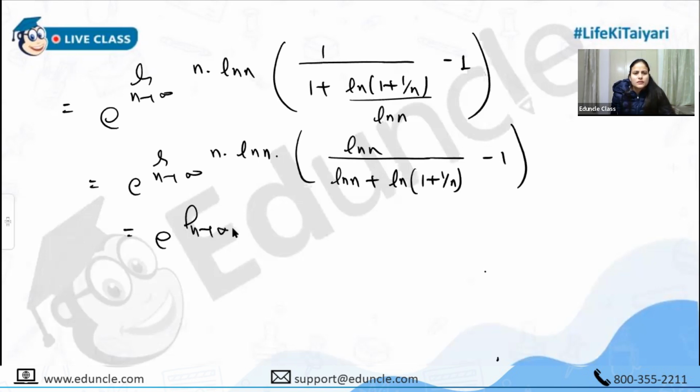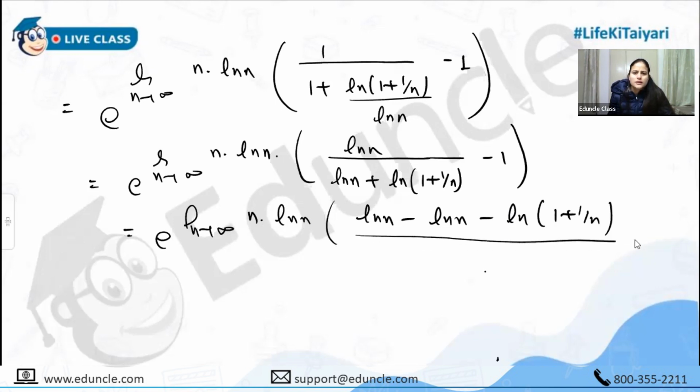Limit n tending to infinity n into ln n times (ln n minus ln n minus ln of 1 plus 1 by n) divided by (ln n plus ln(1 + 1/n)).